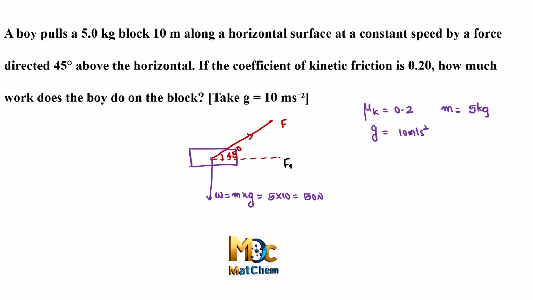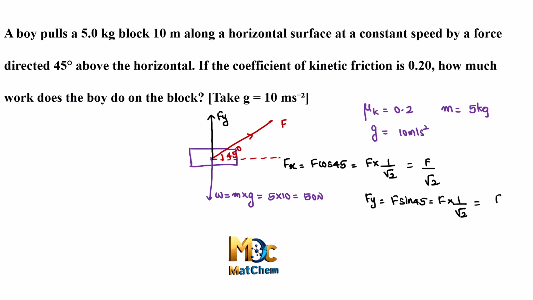Fx is equal to F cos 45, because the horizontal component is the cosine component, that is F into 1 by root 2, equal to F by root 2. In the same way, the vertical component Fy is equal to F sine 45, that is F into 1 by root 2, also equal to F by root 2.